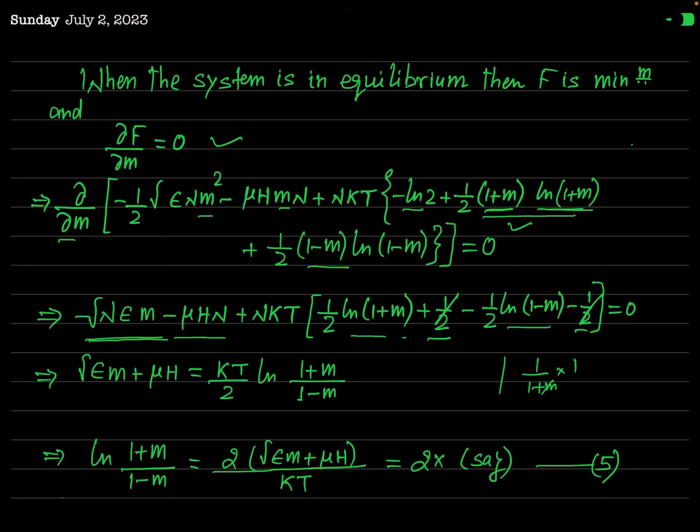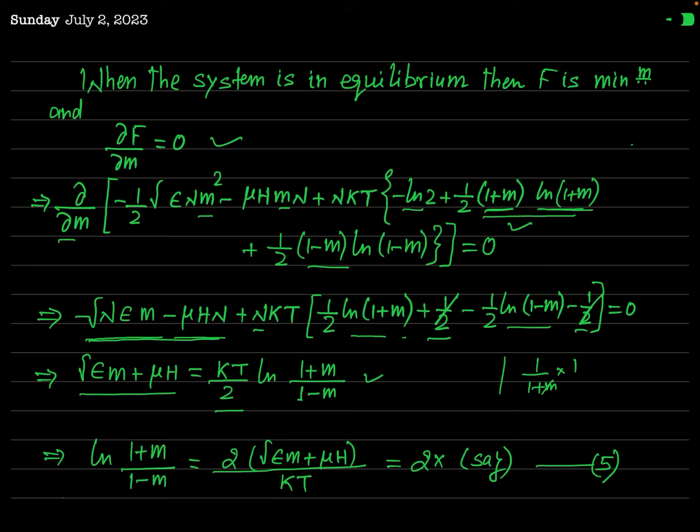If we bring these first two terms to the LHS, this will become plus, and this is gamma epsilon m plus mu H. And in the RHS, in fact, N is a common factor present in all terms, so N has been removed. So in the RHS there will be kT divided by 2 and log 1 plus m minus log 1 minus m, which is log of 1 plus m divided by 1 minus m.